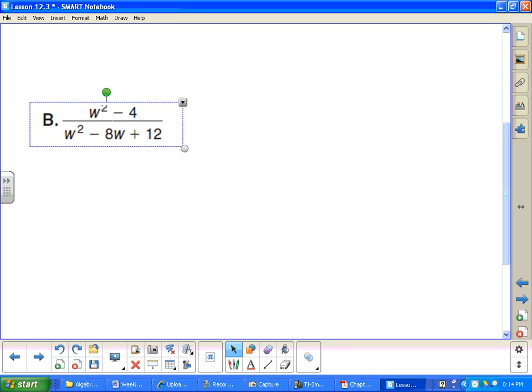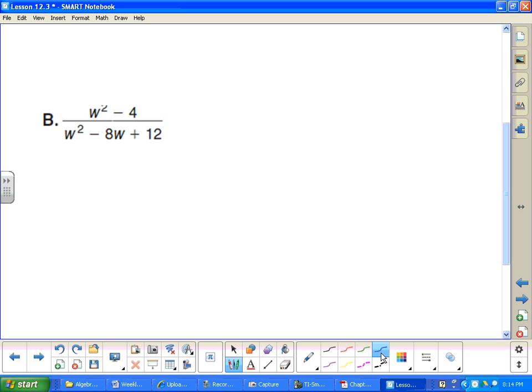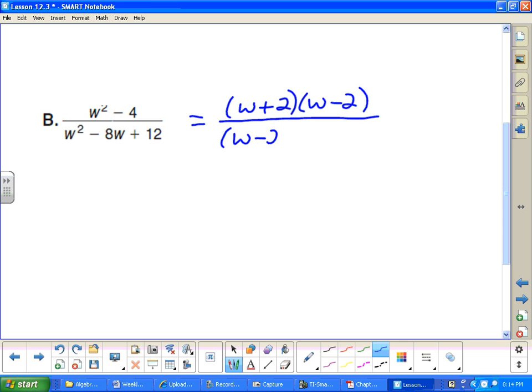Right, so here we have a quadratic in the numerator and the denominator. In the numerator is the difference of two squares. So that would be w plus 2, w minus 2. It hasn't been that long since we did factoring, so hopefully you can still remember that and you're factoring well. In the denominator, what are the factors of 12 that add up to 8? That would be 6 and 2.